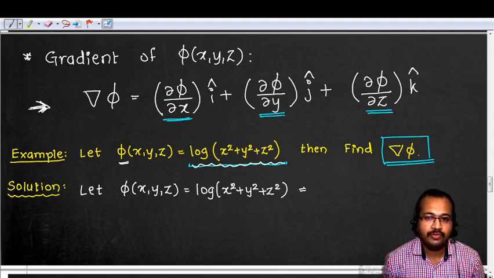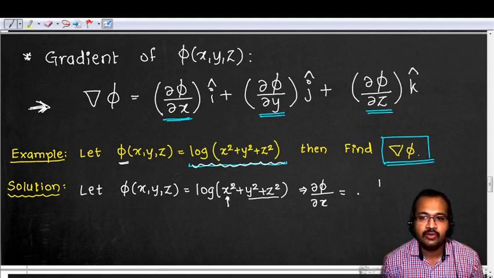Therefore, we find the partial derivative of phi with respect to x. So treating x as variable, y and z as constant, the partial derivative will be 1 upon x square plus y square plus z square into 2x.